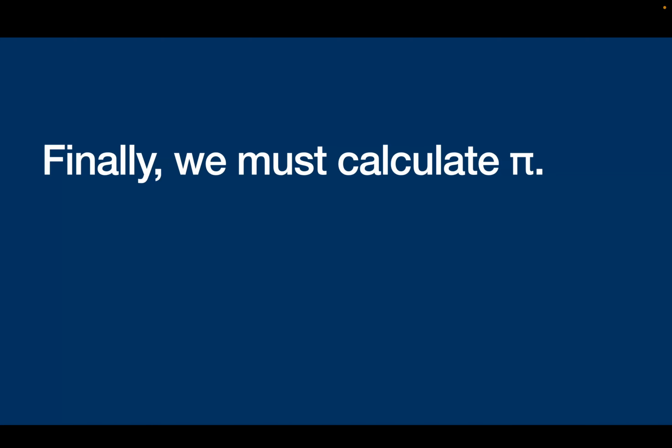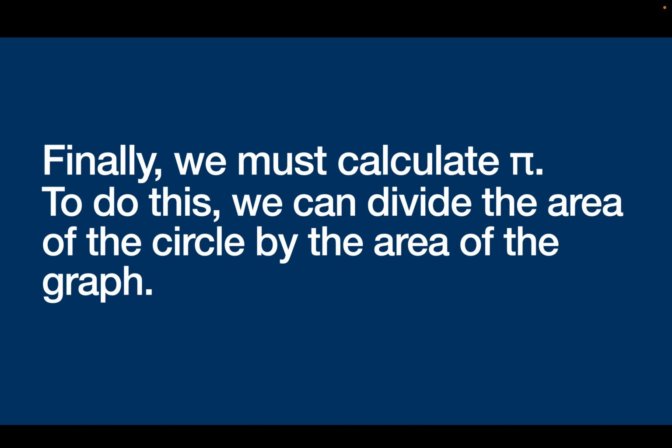Now we must calculate pi. So what is pi? Pi is the circumference divided by the diameter. But here we have a square, which makes it a little bit simpler for us. We can do the area of the circle divided by the area of the square, but they must be in the same units.